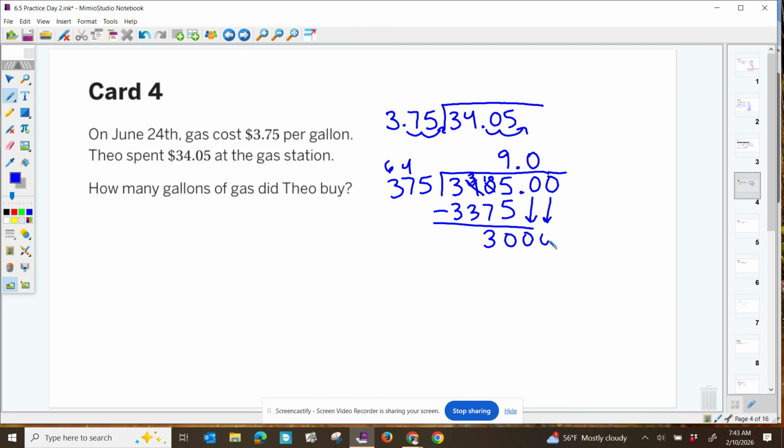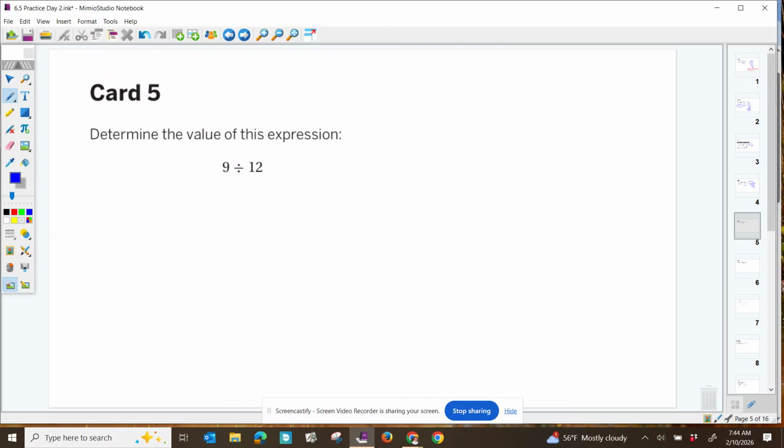I bring in the next 0, and if 3375 was 9 times, then 3000 is exactly 8 times. It's just 375 less than that. So I got 9.08 gallons of gas.